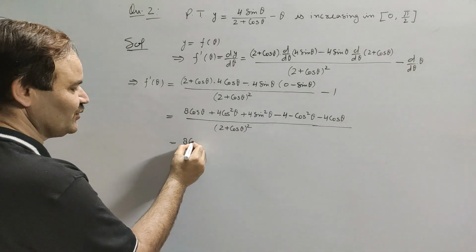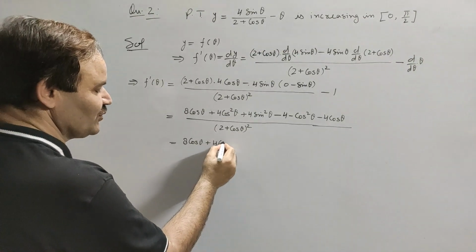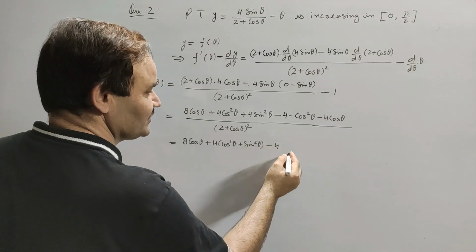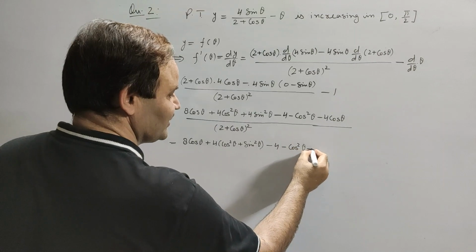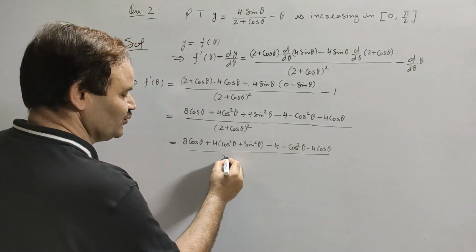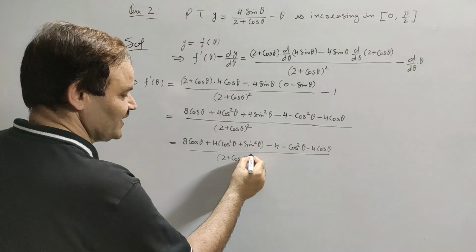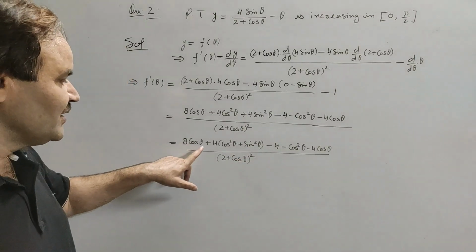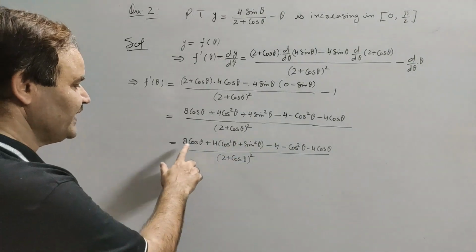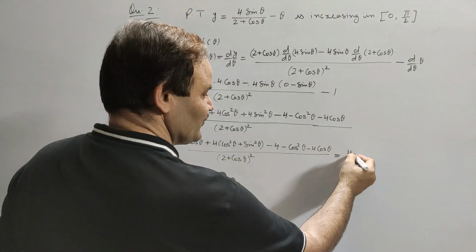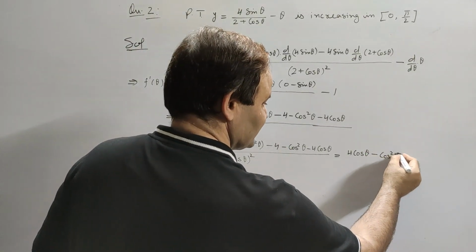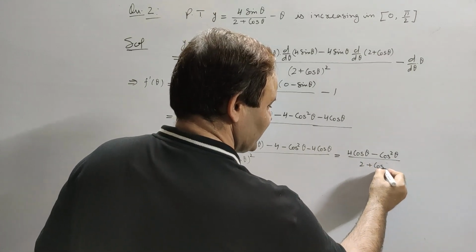So it will become 8 cos theta plus 4 cos square theta plus sin square theta minus 4 minus cos square theta minus 4 cos theta divided by 2 plus cos theta whole square, and this will give 4 cos square theta plus sin square theta being 1, 4 minus 4 will get cancelled, 8 cos theta minus 4 cos theta will be 4 cos theta minus cos square theta divided by 2 plus cos theta whole square.